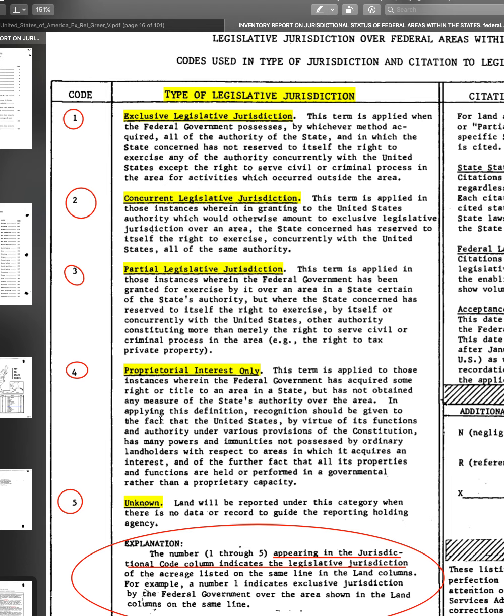In applying this definition, recognition should be given to the fact that the United States, by virtue of its functions and authority under various provisions of the Constitution, has many powers and immunities not possessed by ordinary landholders with respect to areas in which it acquires an interest, and of the further fact that all its properties and functions are held or performed in a governmental rather than a proprietorial capacity.